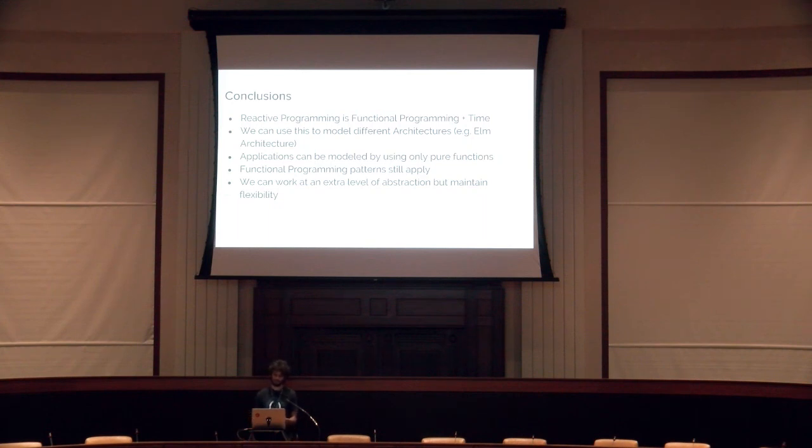OutWatch is like a high-level library, but it's also extremely flexible. The only constraint it lays onto the user is that they work with observables or streams. What you actually do with these streams is completely up to you. It's really flexible in that sense.